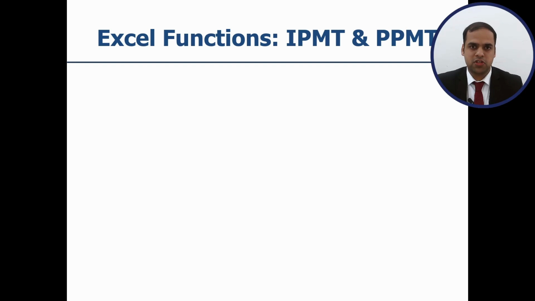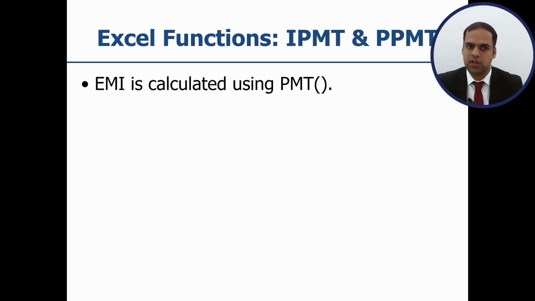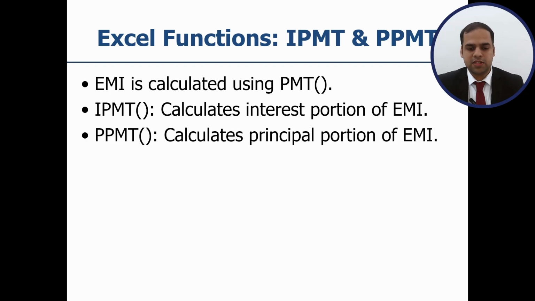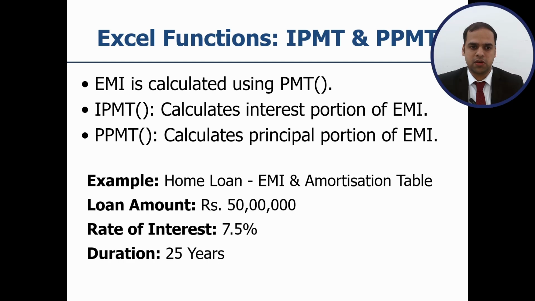In Excel, we have two functions, IPMT and PPMT, which help us break down the interest and principal components of each EMI. EMI is calculated using PMT, the interest portion is calculated using the IPMT function, and the principal repayment portion is calculated using the PPMT function.